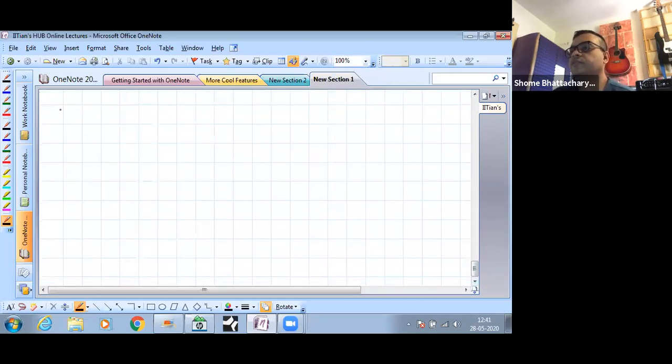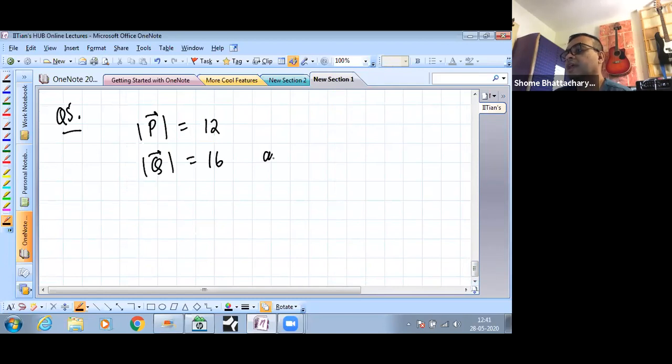So question 5, that is also based on this kind of logic, but there the angle is given as obtuse. So it's given that magnitude of the vector P is 12. The magnitude of the vector Q is 16 and theta is obtuse.